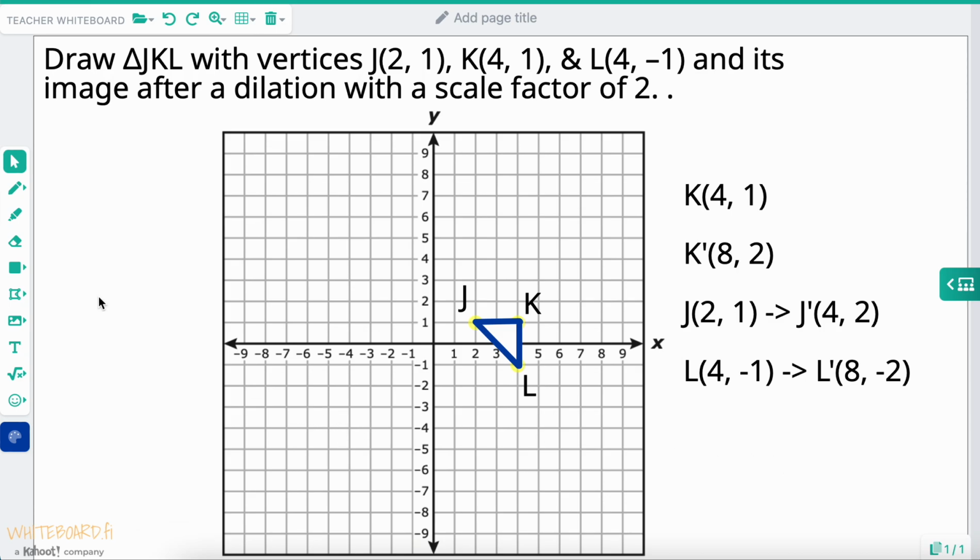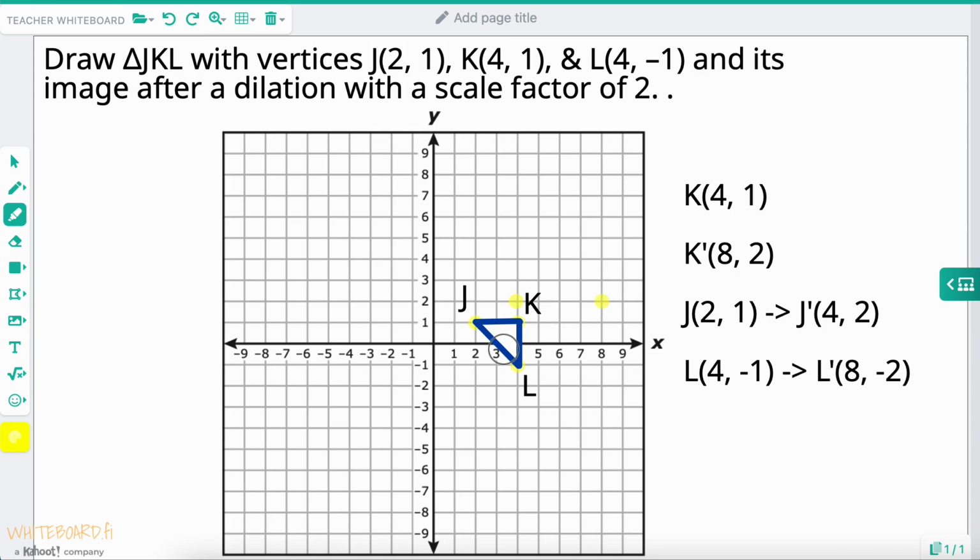All right, so as usual, we want to definitely highlight them and be ready for them. So J prime is going to be 4 comma 2, which is here. K prime is going to be 8 comma 2, which is here.